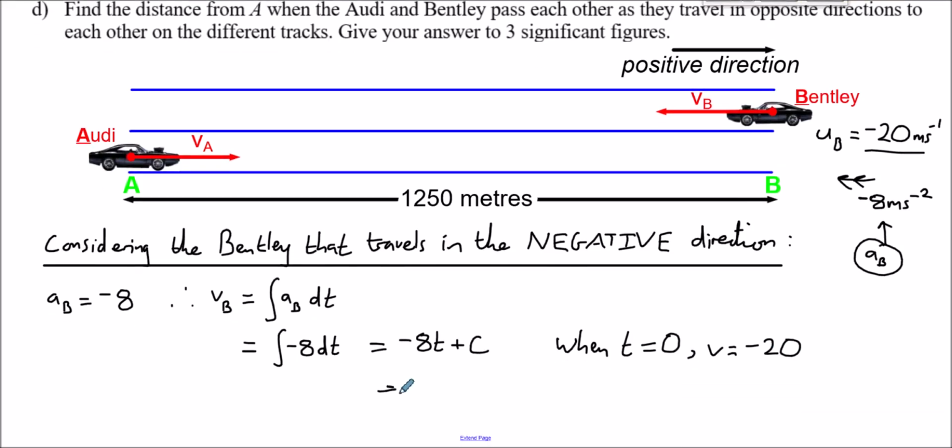So I know that velocity is minus 20 when time is 0. So minus 20 equals minus 8t, but t is 0, plus c.